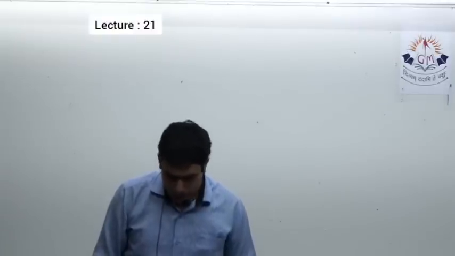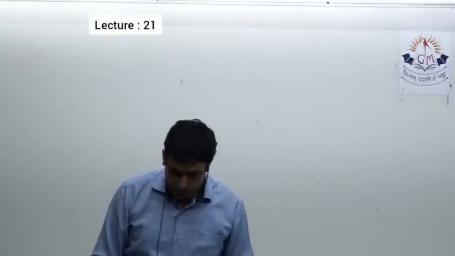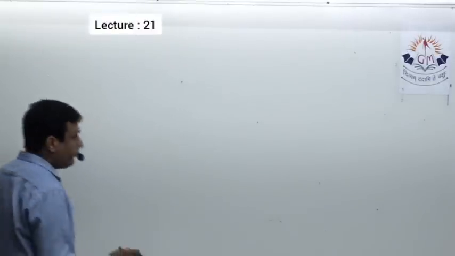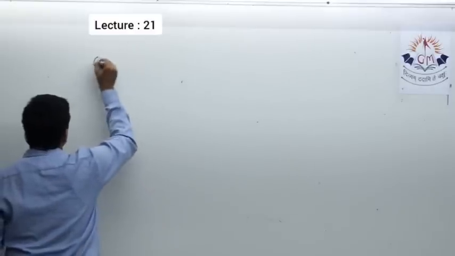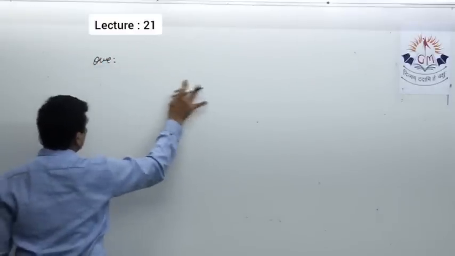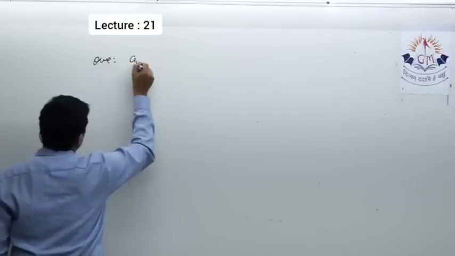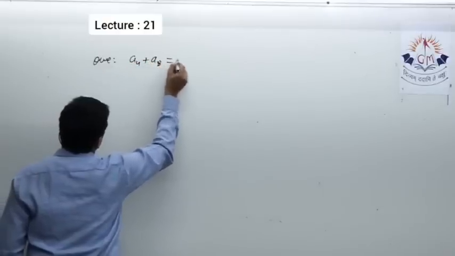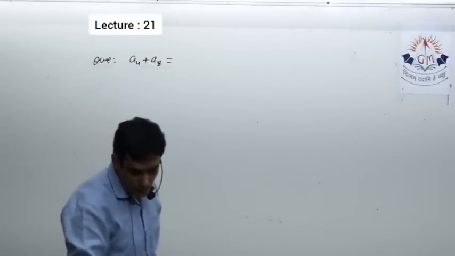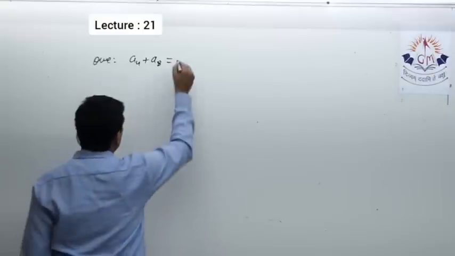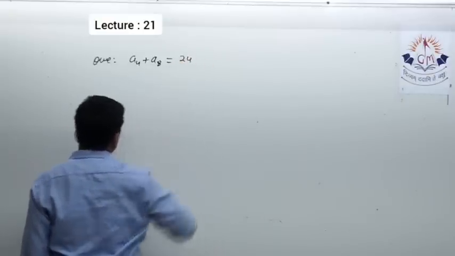The sum of the fourth and eighth term of an AP is 24. I'm writing this question in symbolic form only.